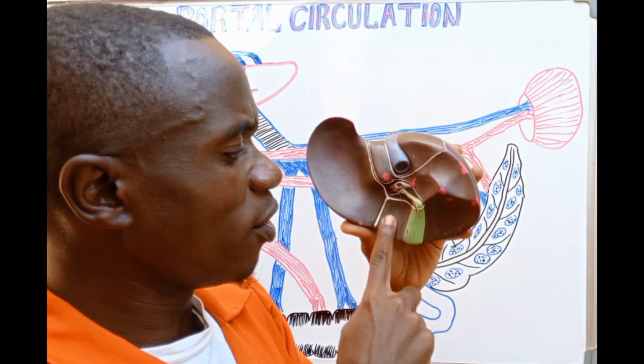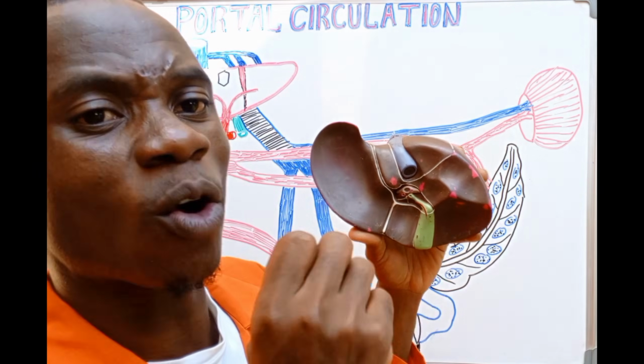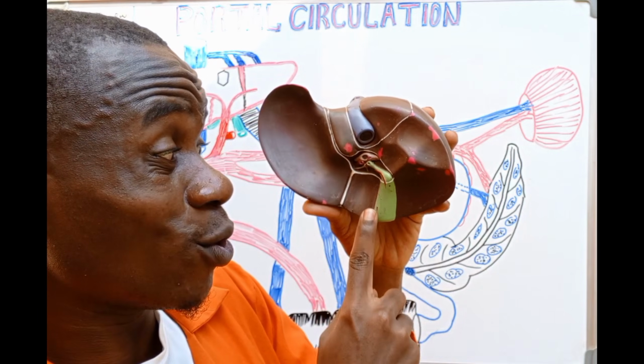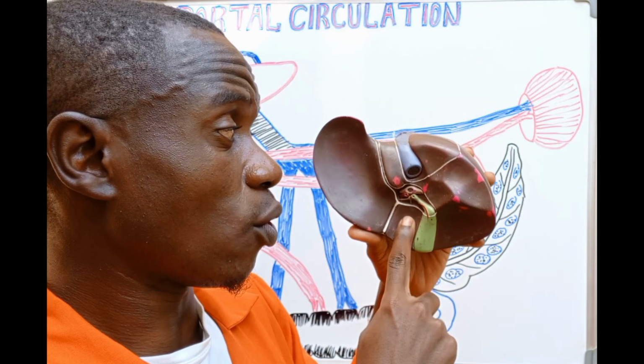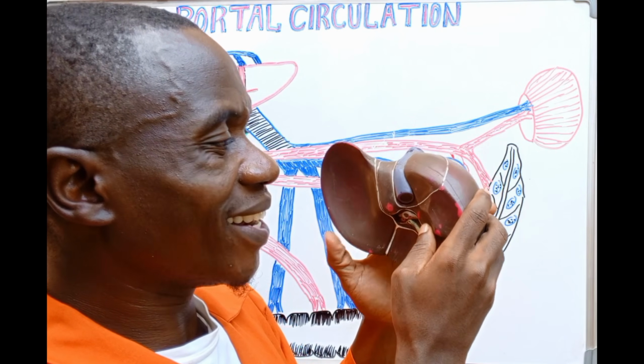This lobe residing between the ligamentum teres and the gallbladder is the quadrate lobe, having a 4-sided structure. Quad means 4, so this is the quadrate lobe. Caudate, quadrate lobe.